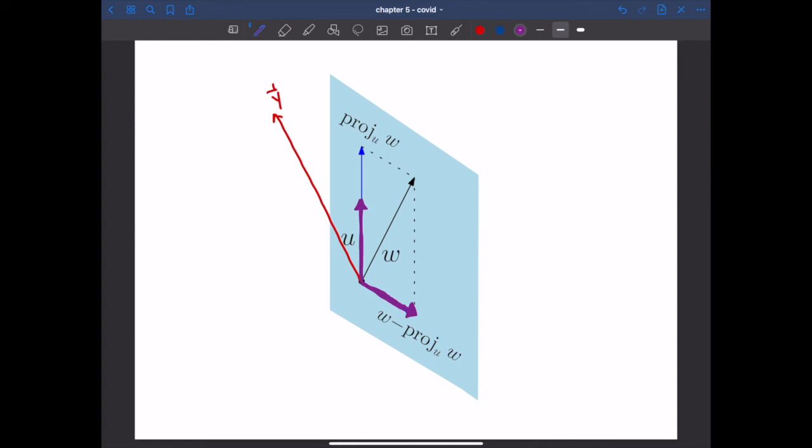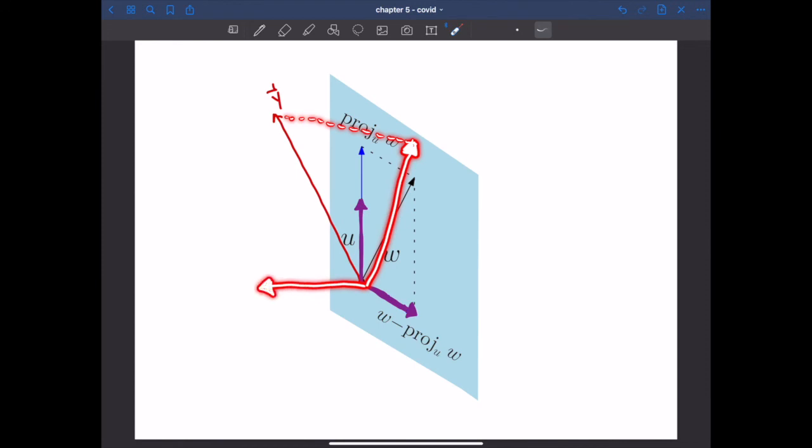Now we move on and we look at the third vector. It is not orthogonal to the previous two vectors, this one and this one. So we want to somehow make it orthogonal to these vectors. So what we do is we do exactly the same thing. We would take the vector y, we would project it down onto the plane spanned by our first two vectors, and then we would take the orthogonal component of that projection.